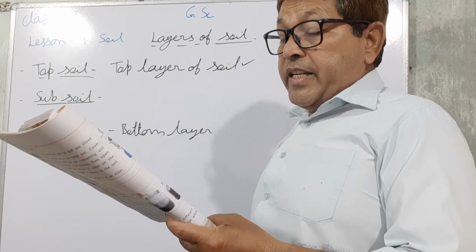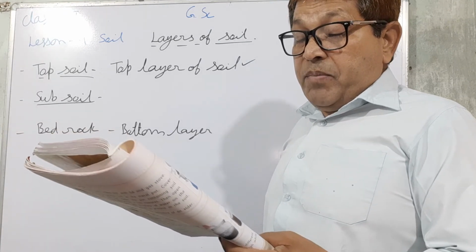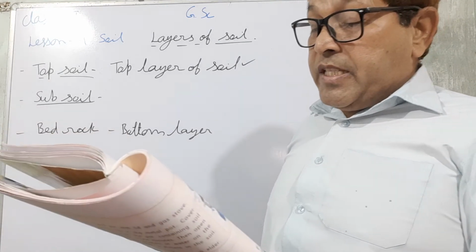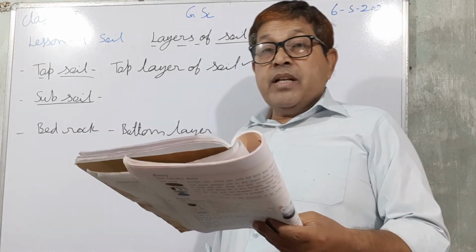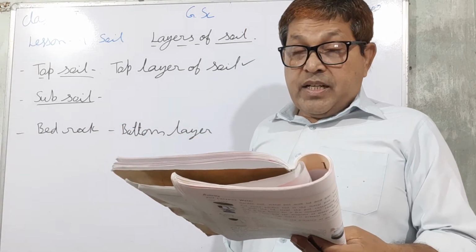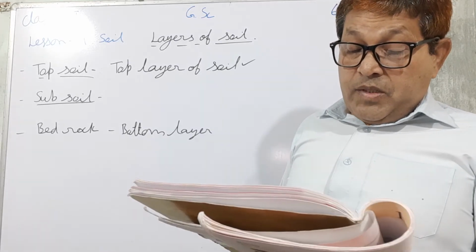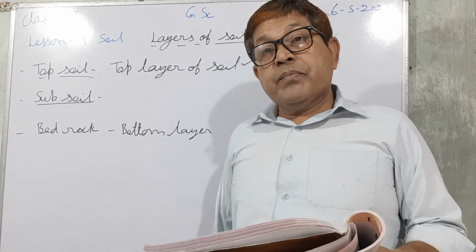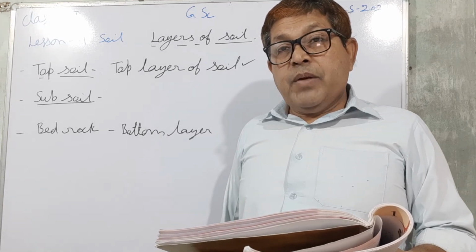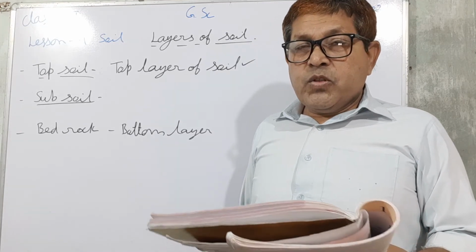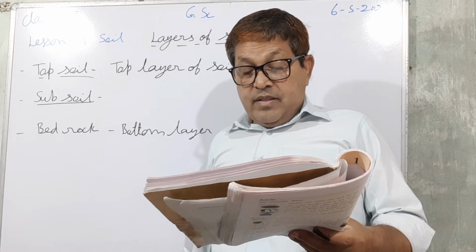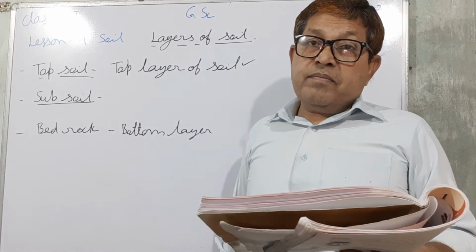First, you see the first layer of the soil is topsoil, which is soft and dark colored. Mostly plants grow in the topsoil.